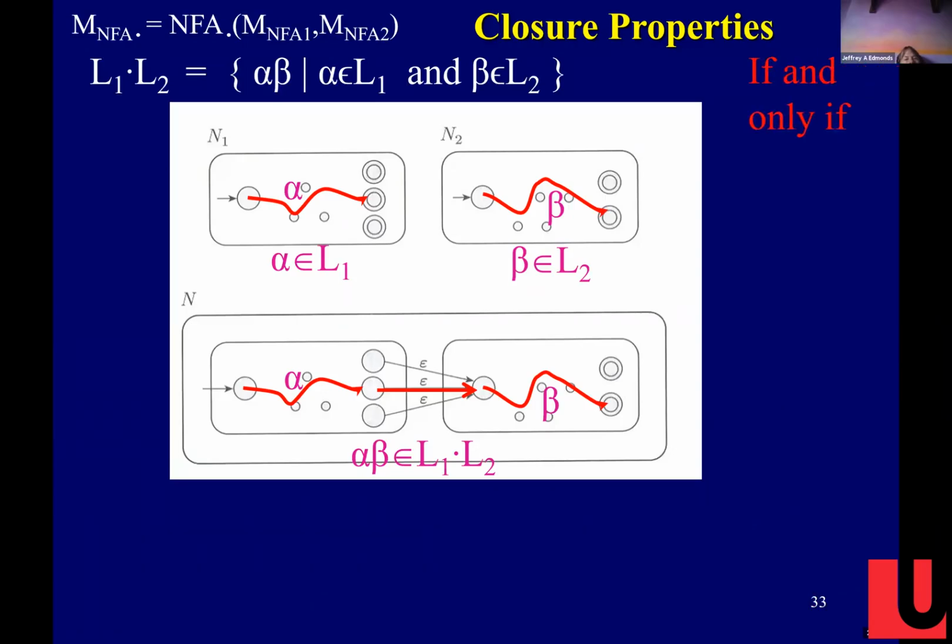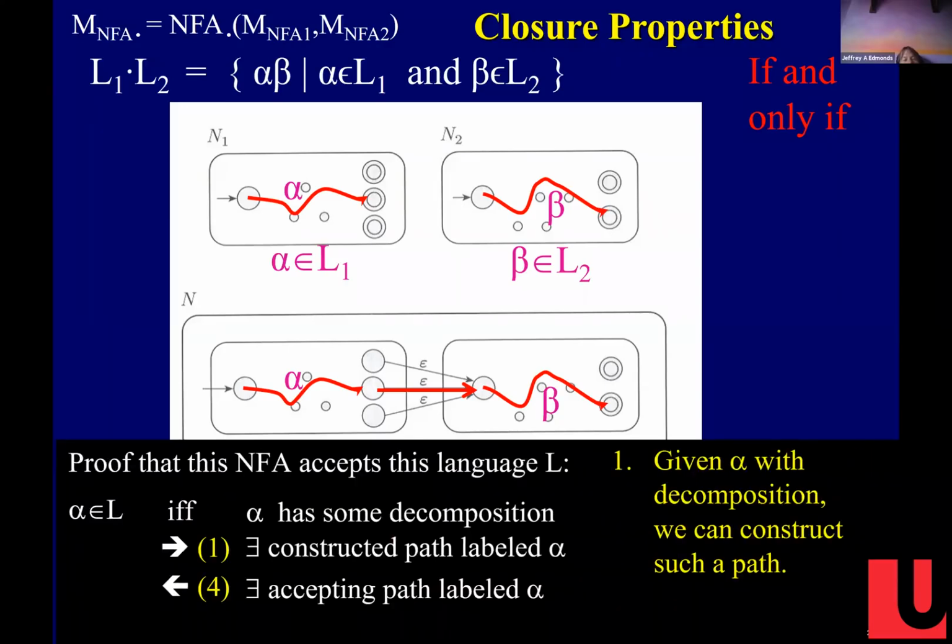But we need to do an if and only if, and this is a little harder. Suppose you have a path here. Well, if you have a path here, then it has to cross one of these epsilon edges at some point. At some point, you have to commit. So take any path from this start state to an accept state. At some point, it has to cross this barrier. And how does it cross this barrier?